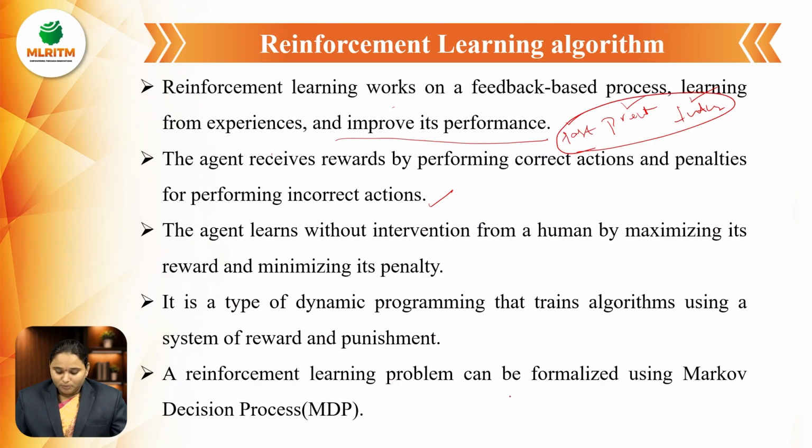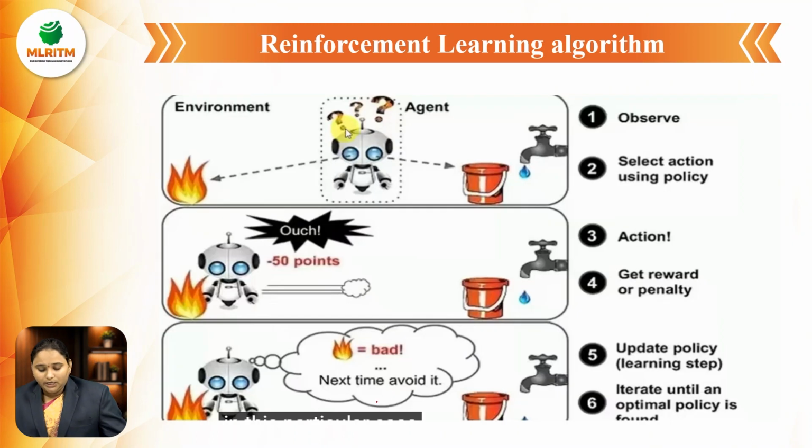A reinforcement problem can be formalized using a Markov decision process. In reinforcement learning, the environment and the agent can detect the situation and give the output. For example, if the input is a fire, the agent can detect the fire and give predictions on what we need to do.